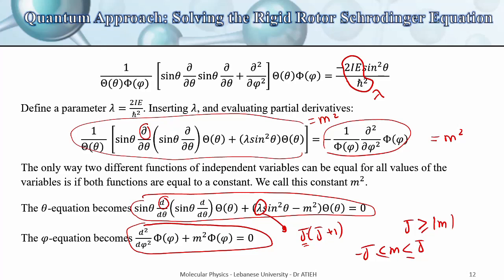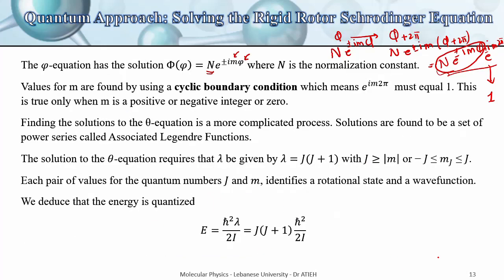So there's a relation between j and m. And up till now, we have two quantum numbers that control a rotational level of a molecule, m and j. m is also called m subscript j. Each pair of values for the quantum numbers j and m identifies a rotational state and the wave function.